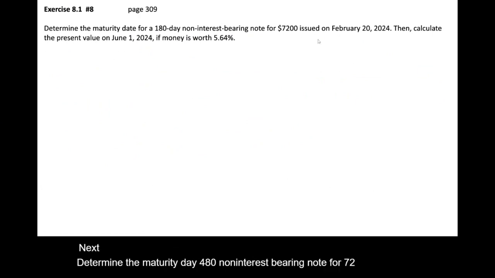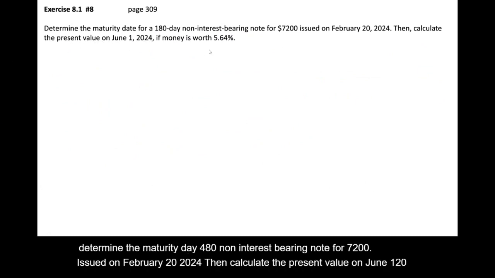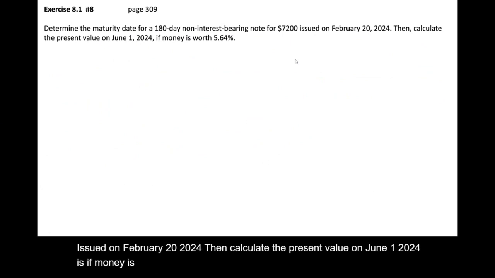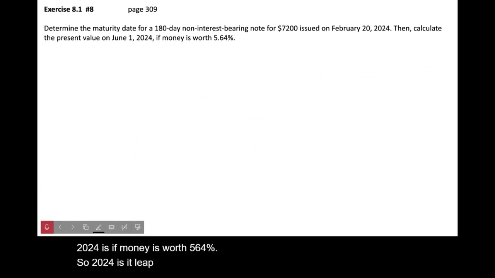Determine the maturity date for a 180-day non-interest bearing note for 7200 issued on February 20, 2024. Then calculate the present value on June 1, 2024 if money is worth 6.4%. So 2024, is it a leap year?